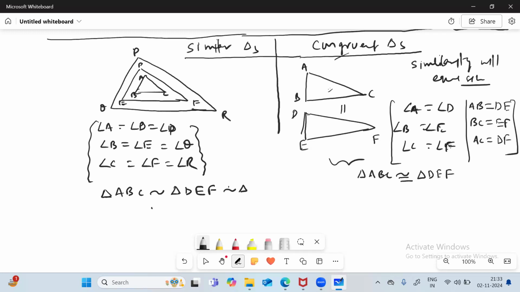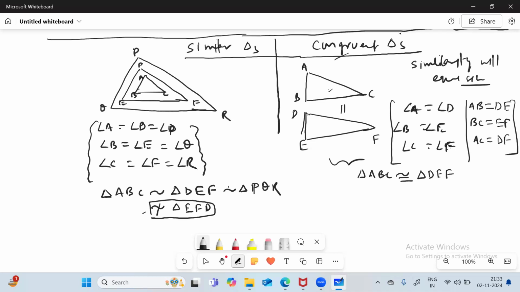I will not write that ABC is similar to EFD, even if it is the same triangle. So always write the similarity with respect to the angles, with the same equal angles in the same pattern, PQR.